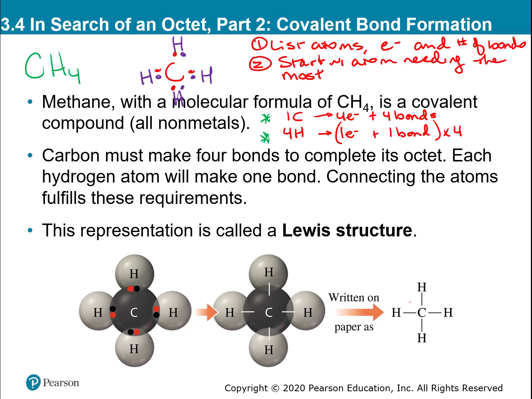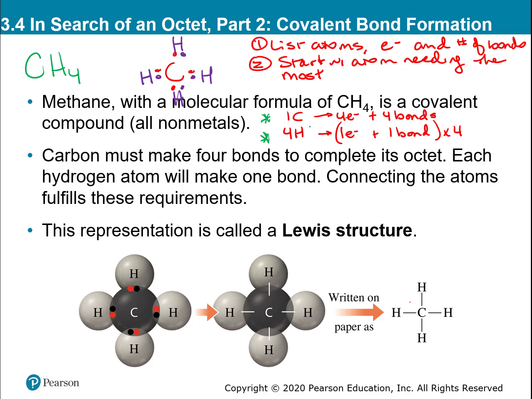Hydrogen, though, is the exception because hydrogen only ever needs 1 more, so a total of 2, right? Because remember, 2 is like helium, which is a noble gas. Hydrogen never follows the octet because that first energy level can only hold 2 electrons. So hydrogen and helium have that exception, right?